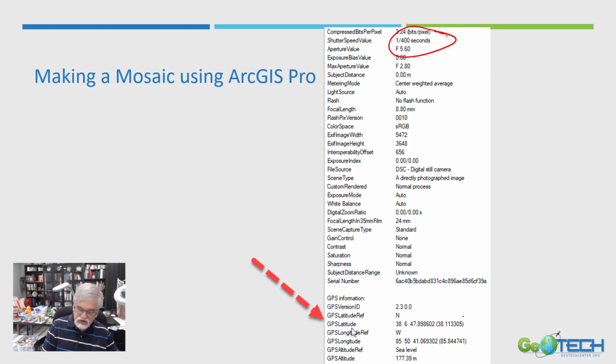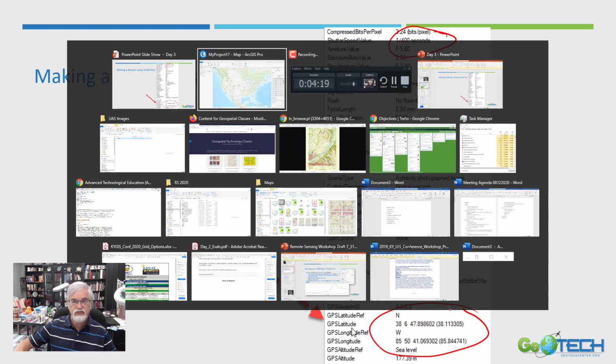The important information for what we're doing right now is this information near the bottom of the Exif data for one of the images, and it tells us the latitude and the longitude, and it tells us the height above sea level, 177.39 meters. So we've got this information that's recorded with each image, and that information is read by ArcGIS Pro to do part of the analysis. We'll switch back to ArcGIS Pro.